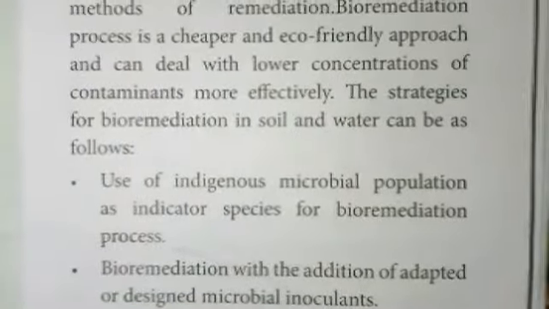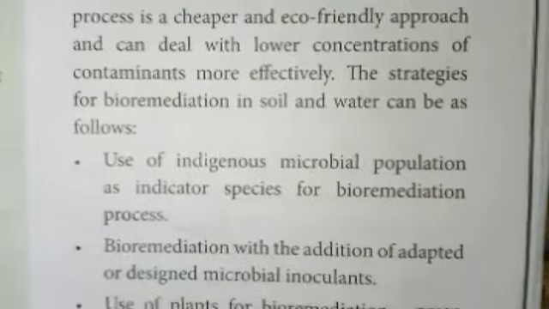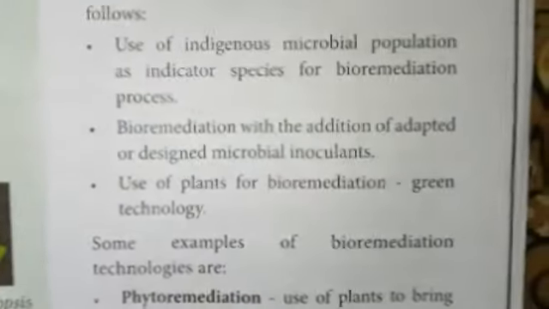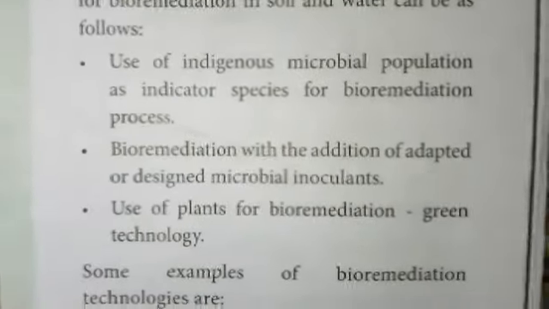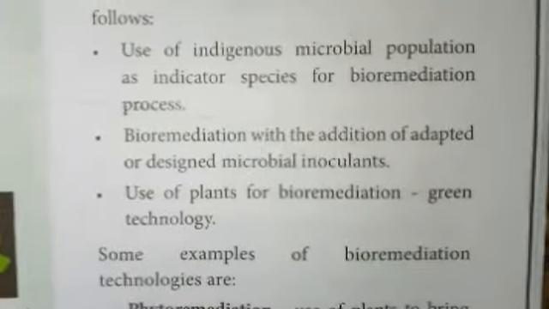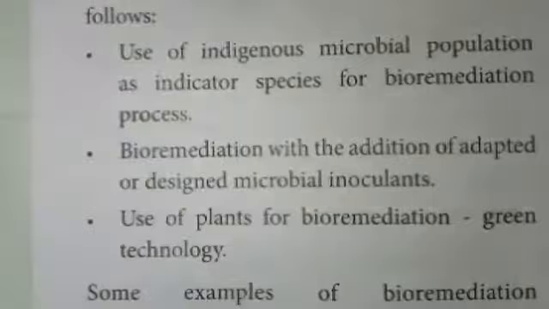The strategies of bioremediation in soil and water include the use of indigenous microbial populations as indicator species for bioremediation. Indigenous means native origin; they have lived there for many years.